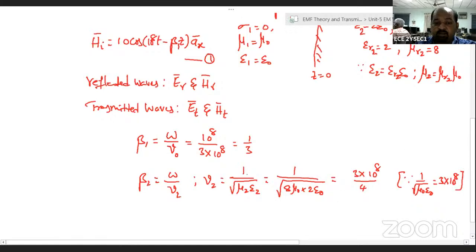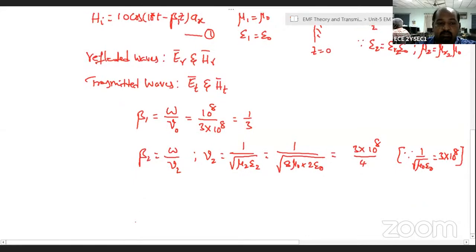Substituting v2 here, we get beta 2, the phase constant: 10 power 8 divided by (3 by 4 into 10 power 8), which is equal to 4 by 3. Beta 2 is 4 by 3.